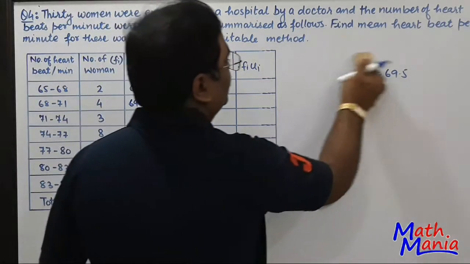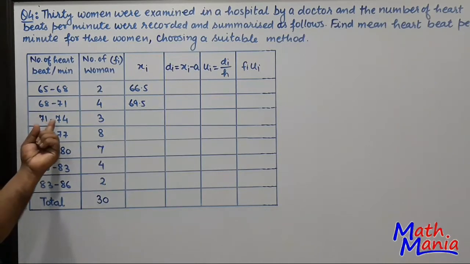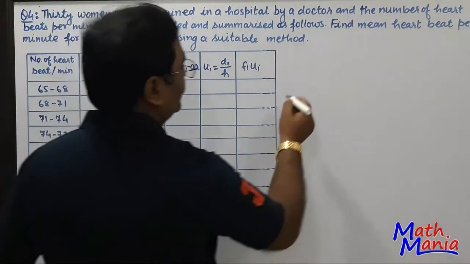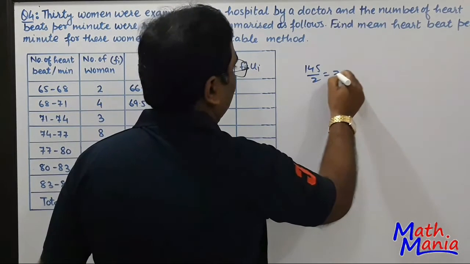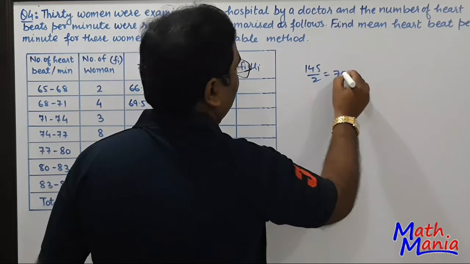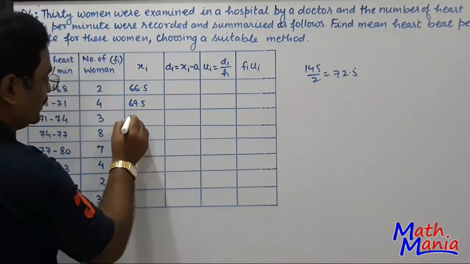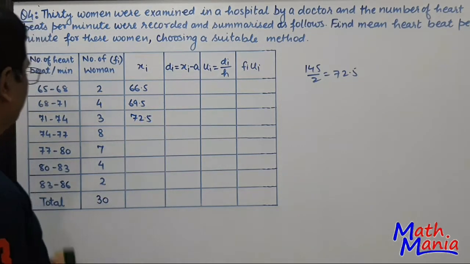For the next, the sum of these two, 145 upon 2, which is 72.5.